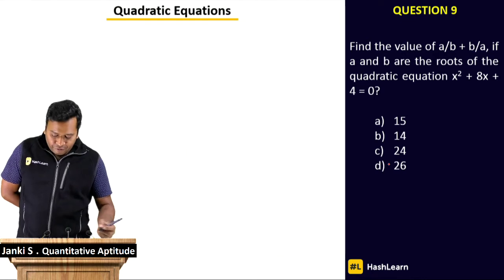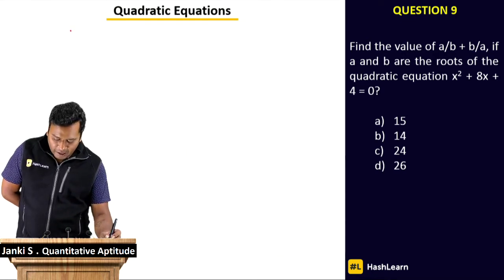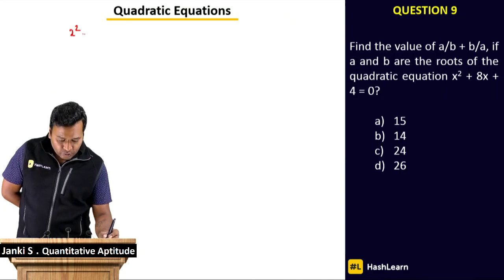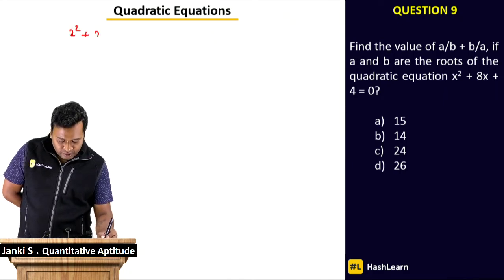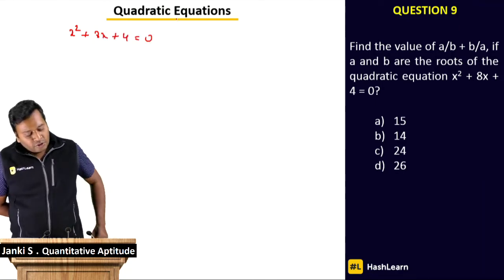Find the value of a by b plus b by a if a and b are the roots of the quadratic equation x square plus 8x plus 4 is equal to 0, right?